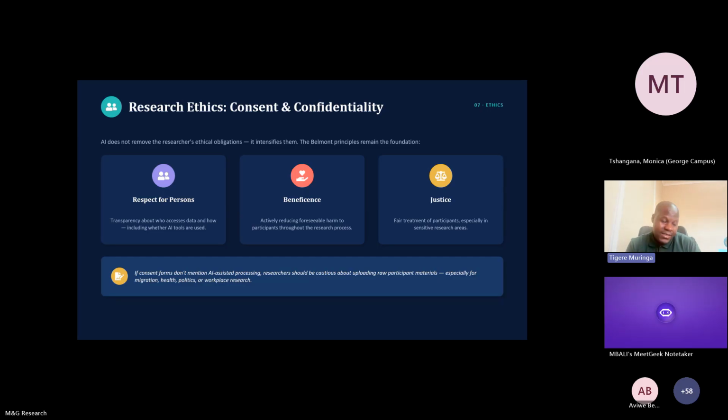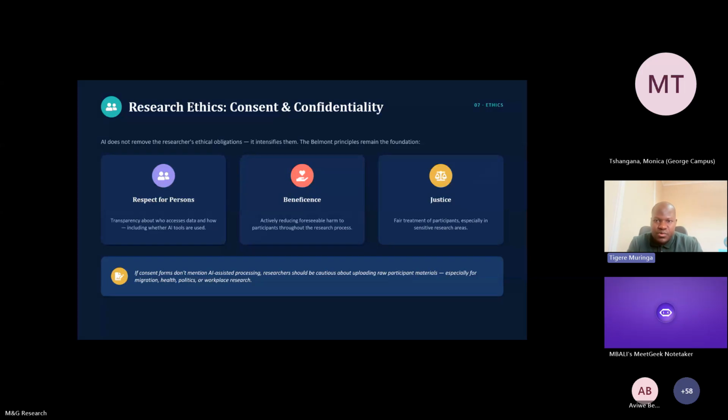You need to mention that this data will be accessed by OpenAI, or by Claude through my Google Drive, that I will store it in my Google Drive and analyze it using this platform, and whether third-party digital tools will be used. This is where the heart of consent, confidentiality and participant protection comes into play: declaring how and which third-party digital tools will be used to analyze the participants' data.